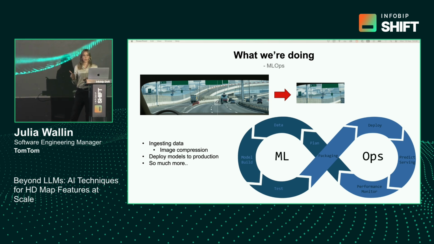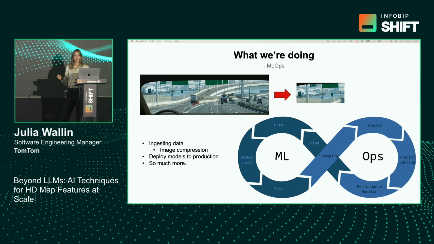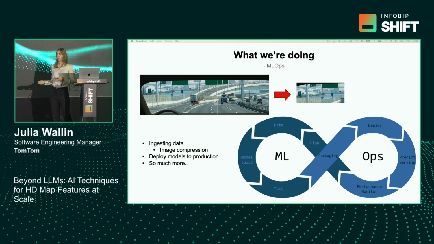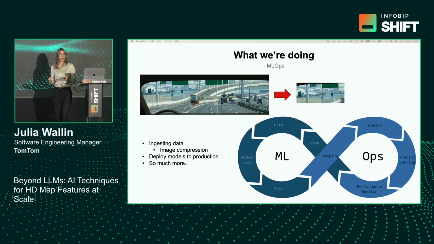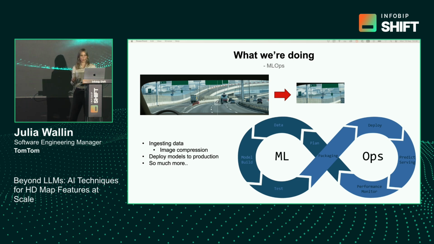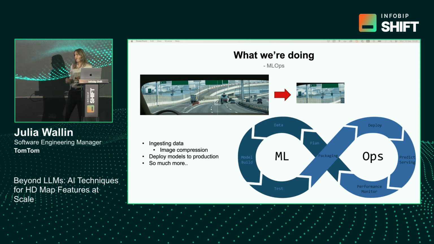One of the first things that we needed to cover was how to process enormous amounts of images in an efficient way. I think everybody is aware that images take a lot of space and videos as well. So that's expensive and time consuming. So we have to compress these files somehow, or we'll just bankrupt the company with cloud compute.